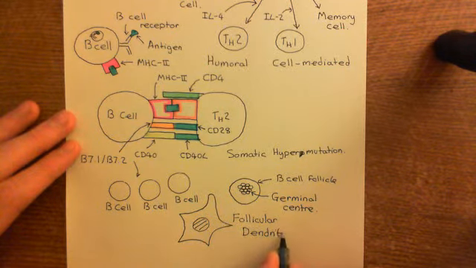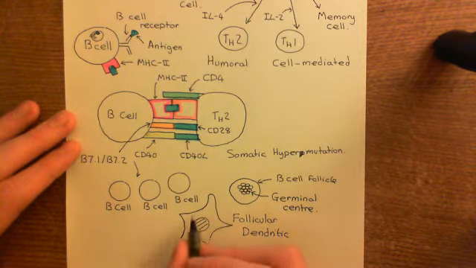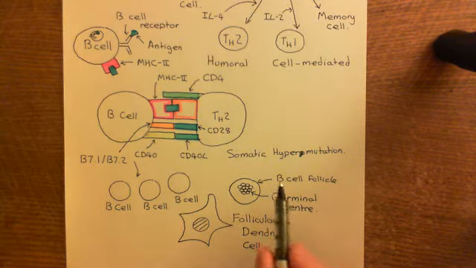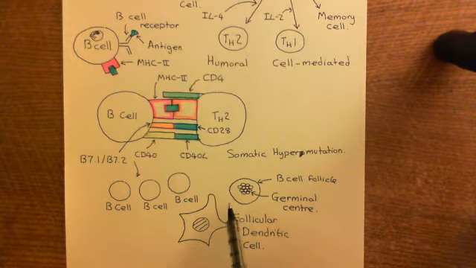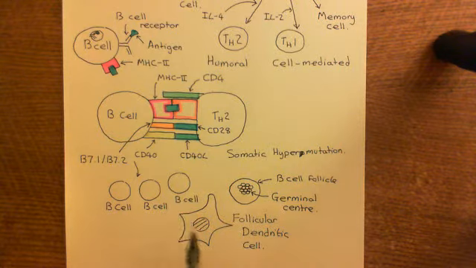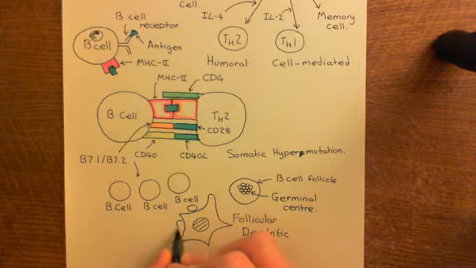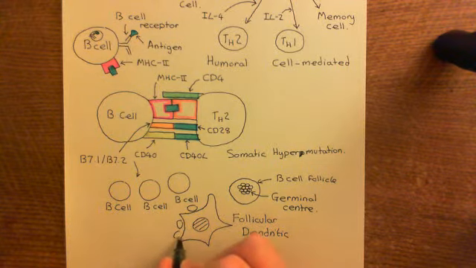Basically, they pick up antigen and present it all over themselves. So as antigen percolates through the B cell follicles, the follicular dendritic cells are going to catch the antigen and hold it on their cell surface membranes. So let's say this is the antigen here, and it's basically all over these follicular dendritic cells.